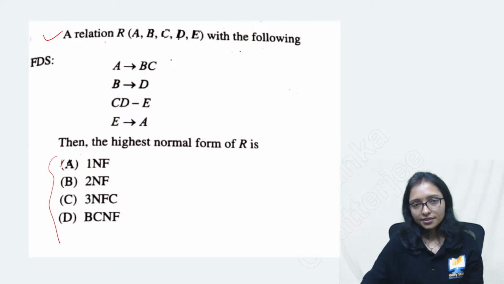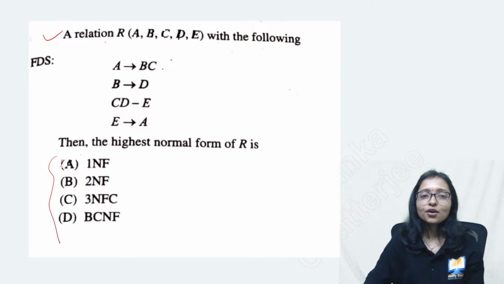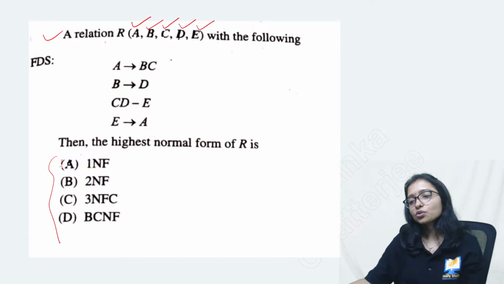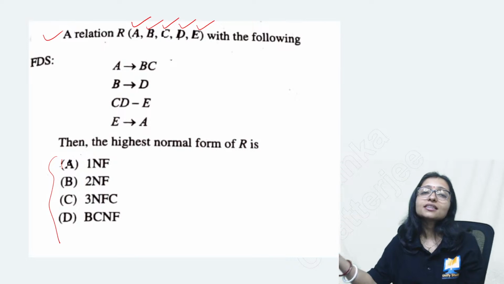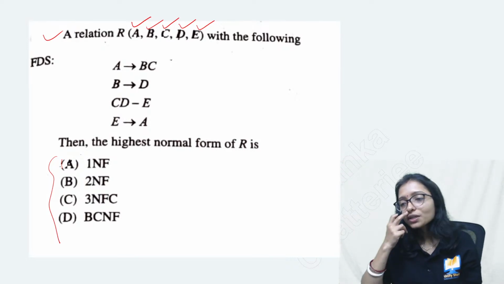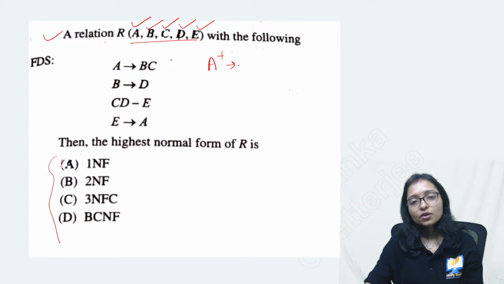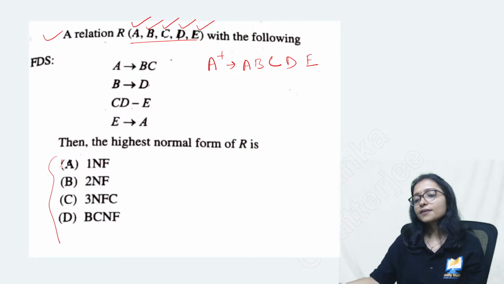Which normal form is it? Here you can see the trick will not be applicable. A is present, B is present, C is present, D is present, E is present. All are present on the right-hand side. So the trick will not apply. Here you have to try attribute closure. Doing A closure: A to B, C, B to D, C, D to E. A is your candidate key.